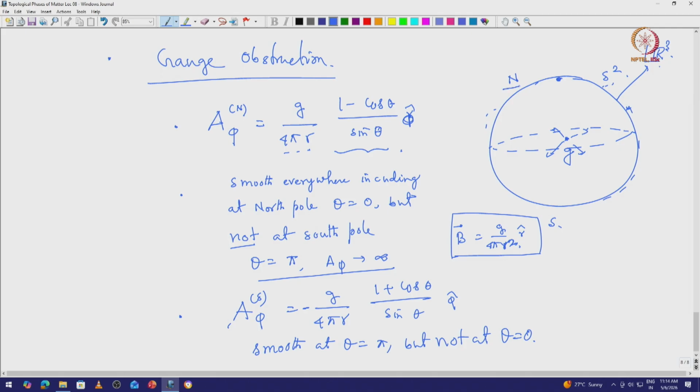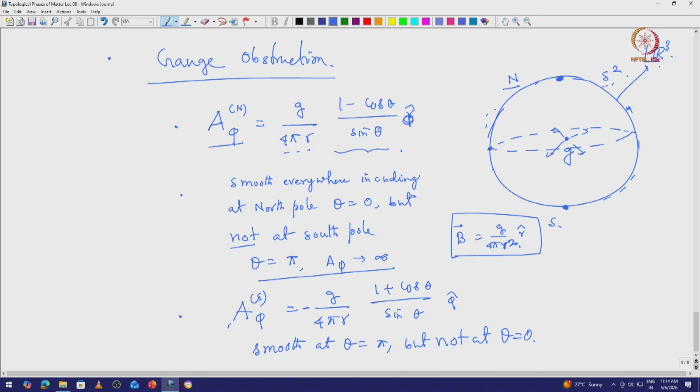In one chart, I can choose the chart to be defined from the equator to the north pole, or this can be shifted, but at least I need two charts. One that will include the north pole but not the south pole, and a second one which has to include the south pole but not the north pole.